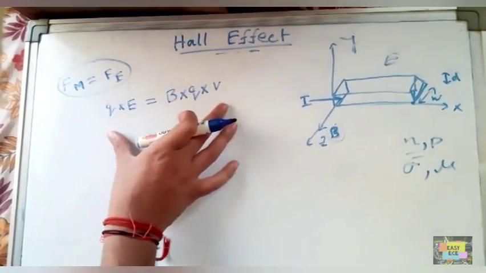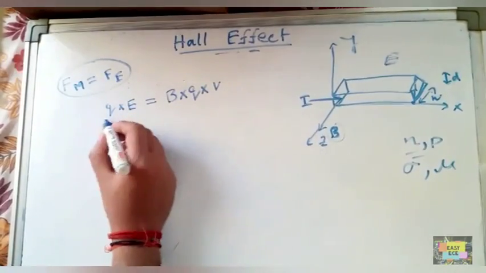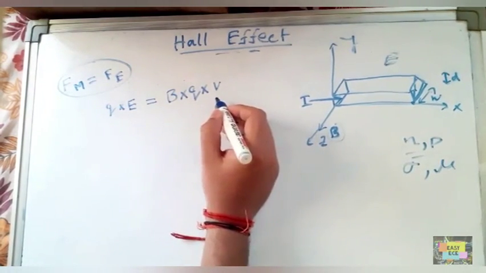If both are equal, Q is the charge, and V is the velocity.